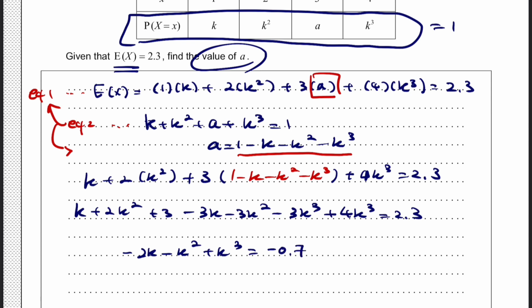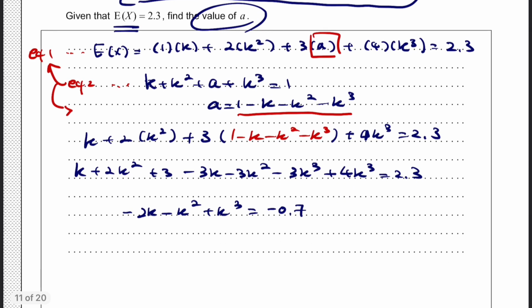Now if we solve for the k value, we can identify the a value. Let's use the GDC to find this unknown k value. Because this is paper 2, we can definitely use our GDC.